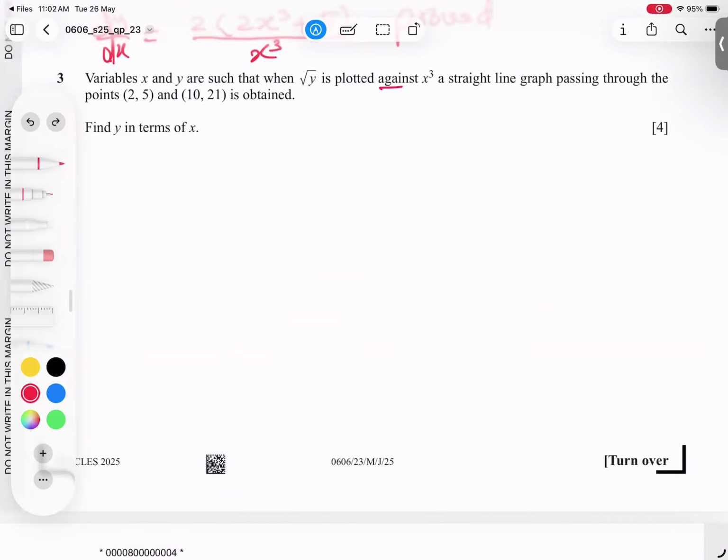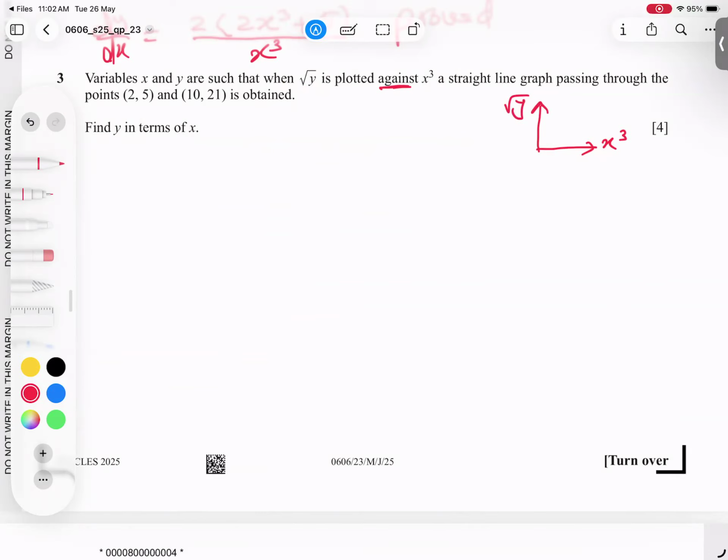So question number 3: x and y such that y is plotted against something. Whenever the word against comes, it means along the x-axis you have x cubed, and before against, along the y-axis. He's saying, obtain y in terms of x.